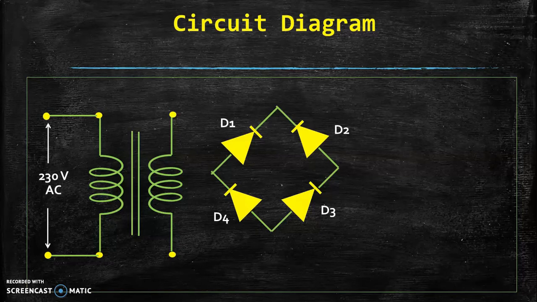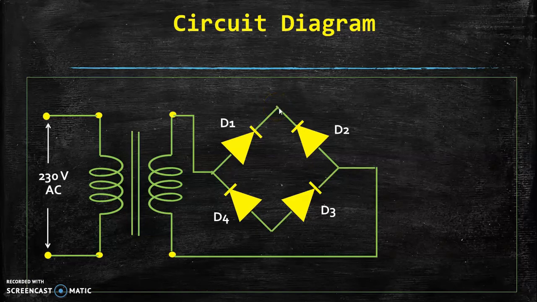Now the connection. We connect anode of D1 with the cathode of D4, and same way we connect anode of D2 with the cathode of D3. It is connected to the AC supply, that is secondary of the transformer. Cathode of D1 and D2 is connected together, that is common cathode, and anode of D3 and D4 is connected together, and that is known as a common anode.